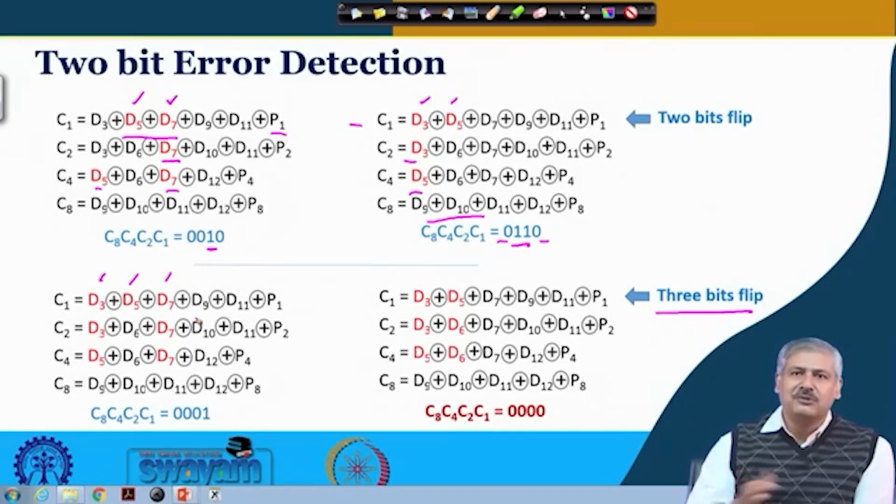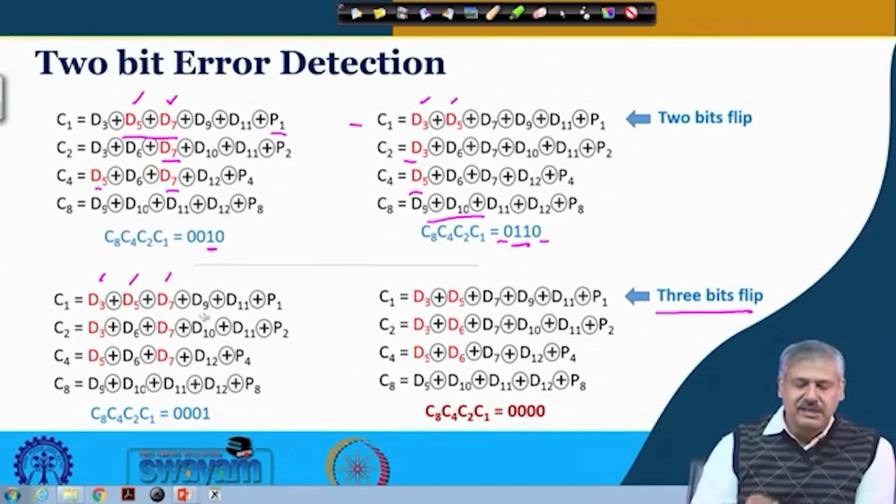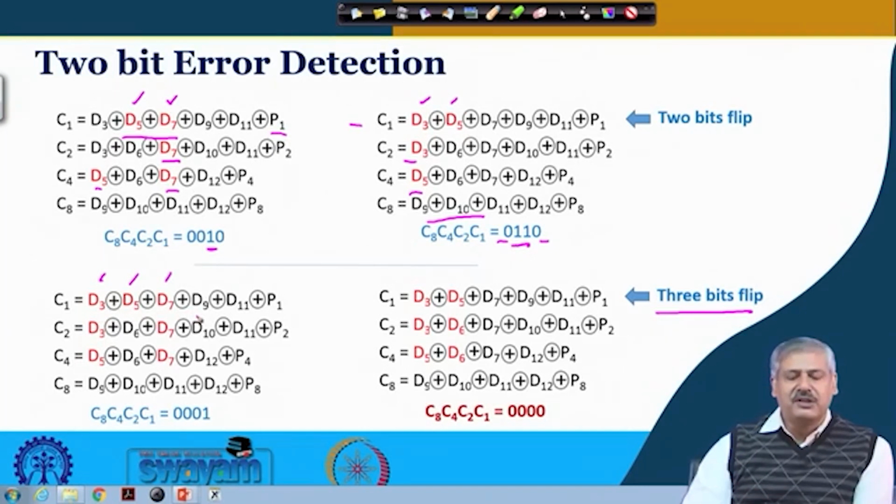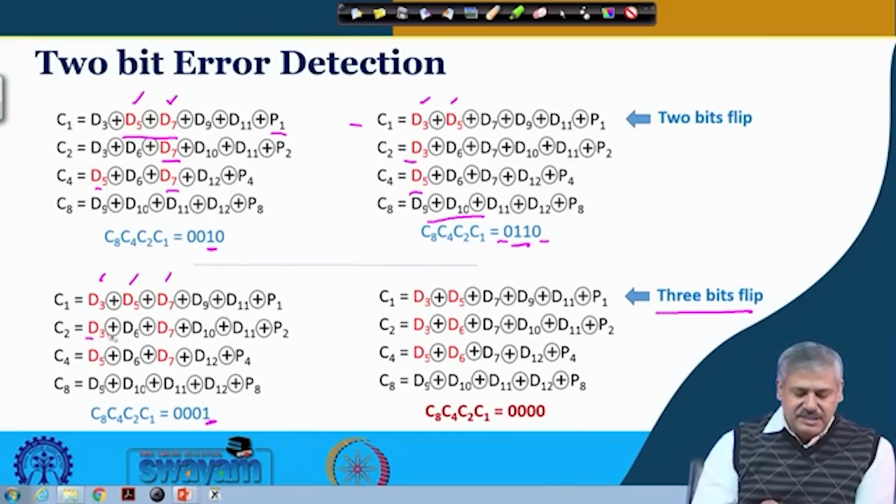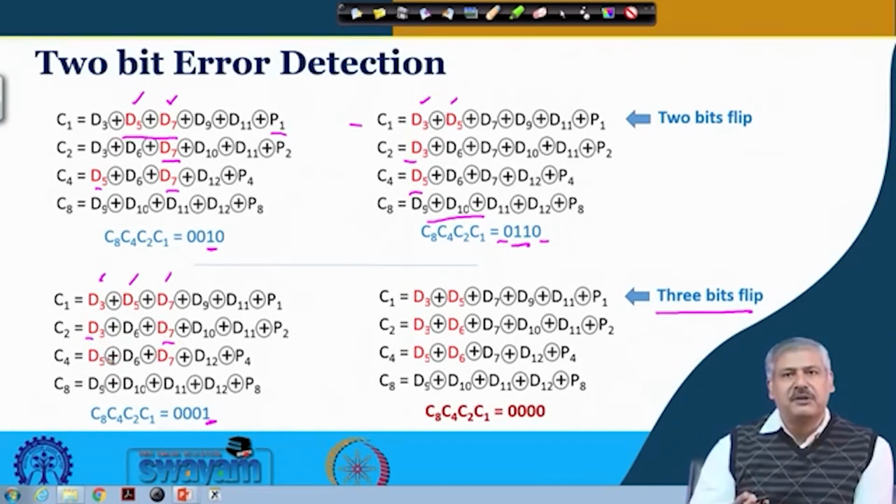If 2, then one cancels the other, so basically here it will detect an odd parity, not even parity, so this will be 1. The other case, D3 and D7, it will detect both of them flipped, so no error will be detected. Similarly, no error will be detected, and in this case D3, D5, D7 are not there. So, 0001. So, error is detected. So, the 3 bit error is detected.